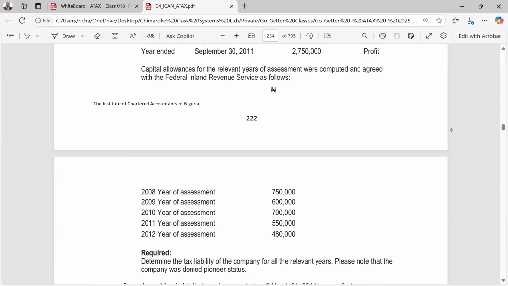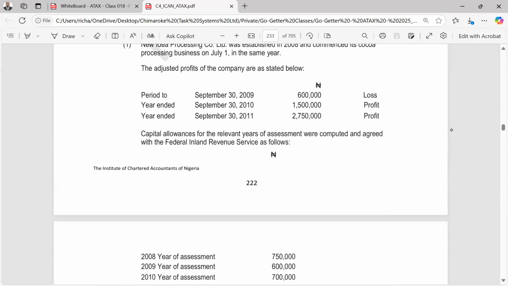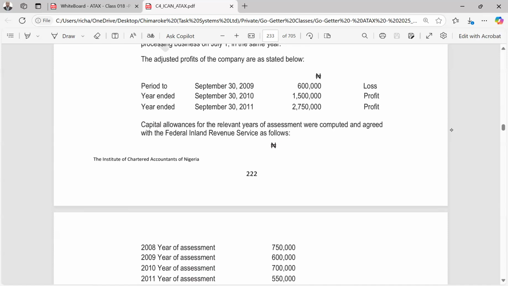Now, one thing I should tell you as a hint is that the period of capital allowances will give you a hint on the relevant years of assessment that the examiner wants to calculate. So if I were you, I would take note of the years of assessment for the capital allowances, and that will be my hint for the year of assessment the examiner is asking for.